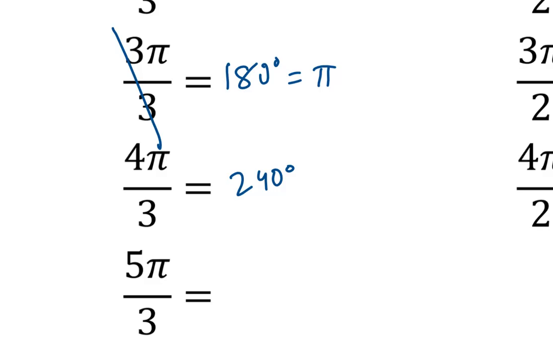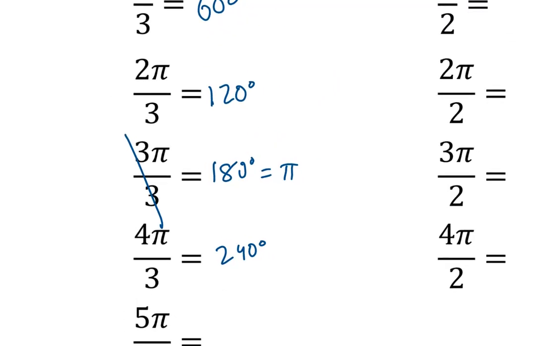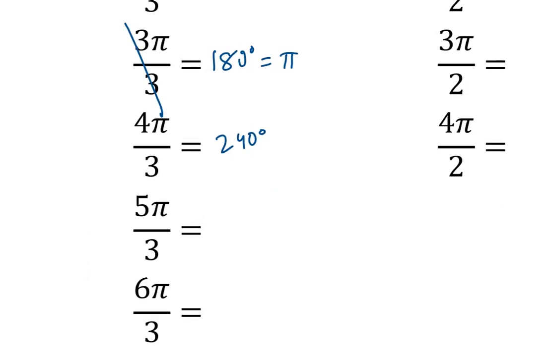Okay, so 120, 240, or counting by 60s: 60, 120, 180, 240, and so on. So 5 pi by 3 is going to be? Yep, Harnum. 300.